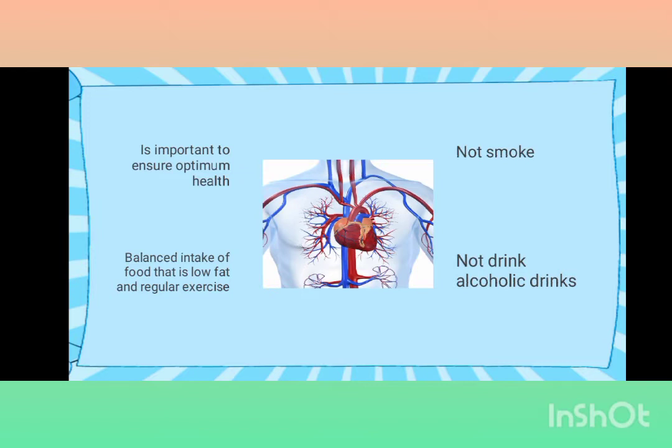Among the practices for maintaining the circulatory system are a balanced intake of food that is low in fat and regular exercise. The practice of not smoking and not drinking alcoholic drinks also ensures a healthy circulatory system.